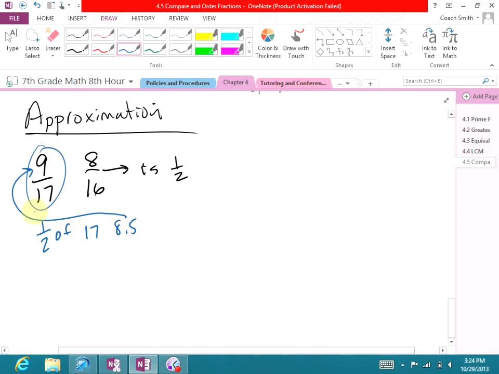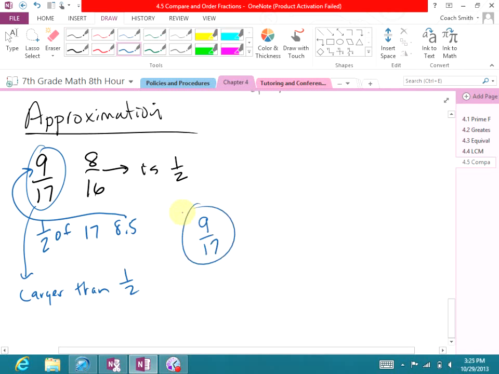So this fraction here is larger than a half. So if 9/17 is larger than a half, and 8/16 is a half, which is the larger fraction? 9/17 is the larger fraction.